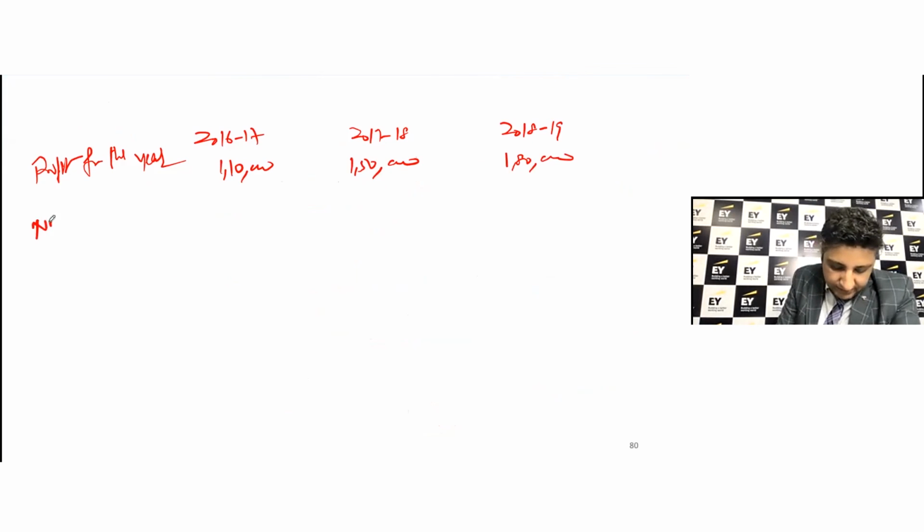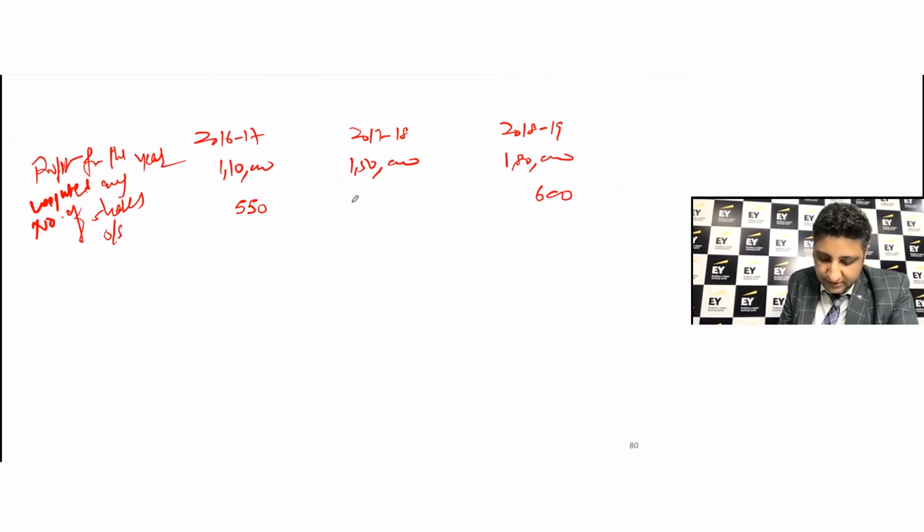So number of shares outstanding, or I would rather say weighted average number of shares outstanding. This is always 550 for the whole year, of course, right? This is always 600 for the year. But then we are saying here that it is 550 for 2 months, and it is 600 for 10 months. Okay, and that is where you can simply calculate this number.